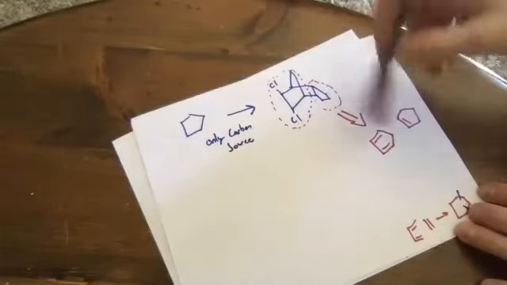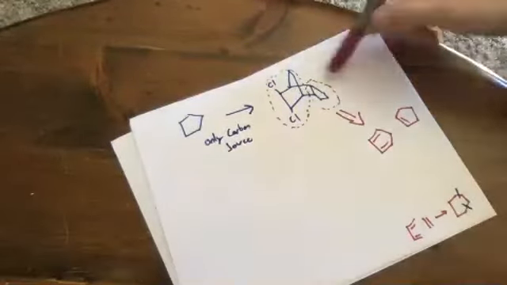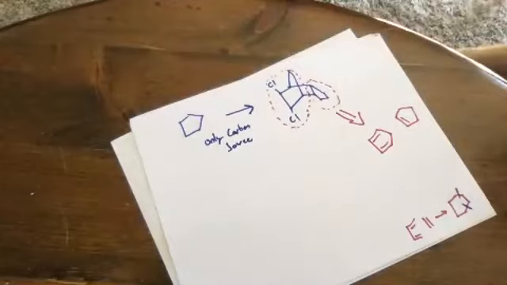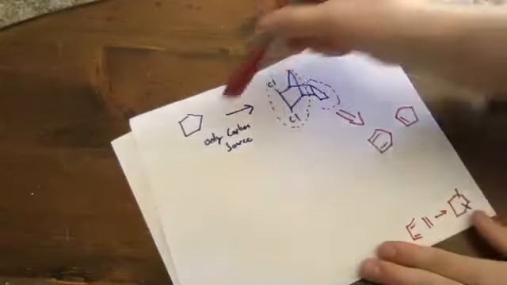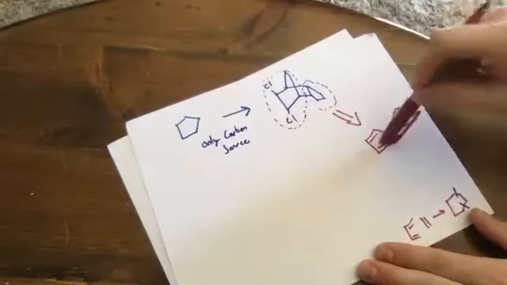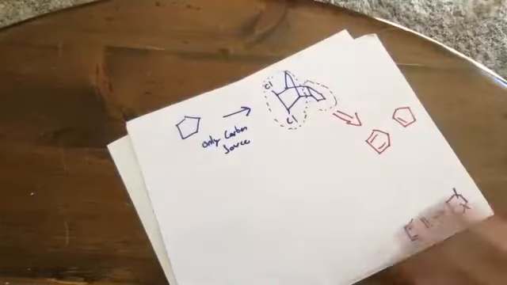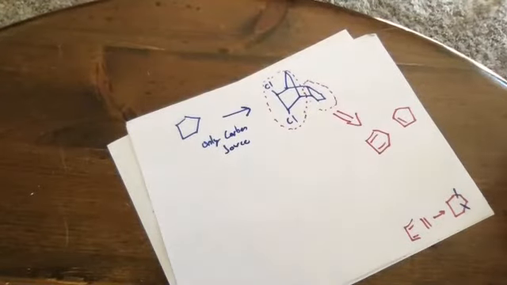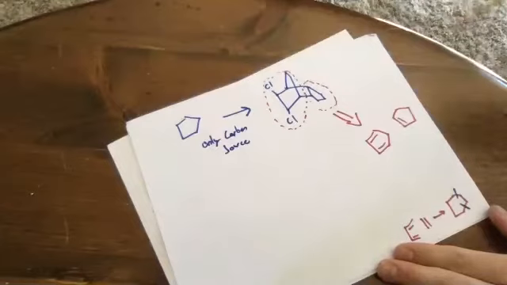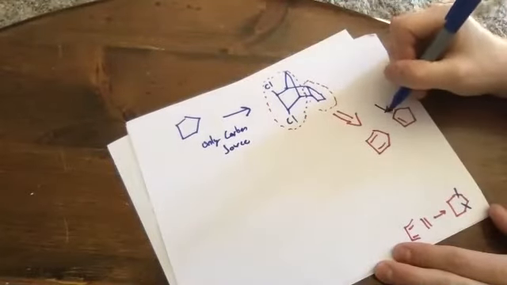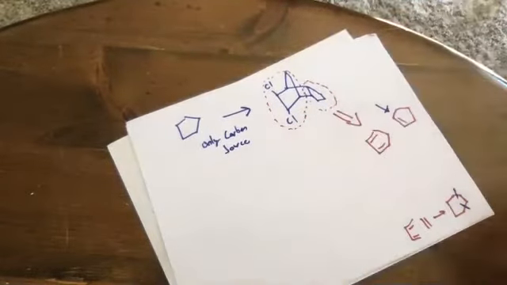I'll make it with a double bond and then I'll probably add Cl2 or something to add the chlorines on there. So let's take a look at how we're going to turn this into one of these two. And the more you do these, the more you realize you're always doing the same thing. So this one is going to be easier to make. And then from this one, we can make our diene.